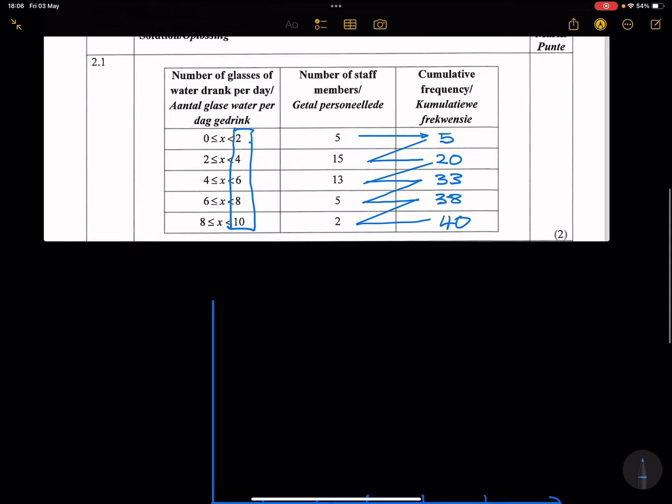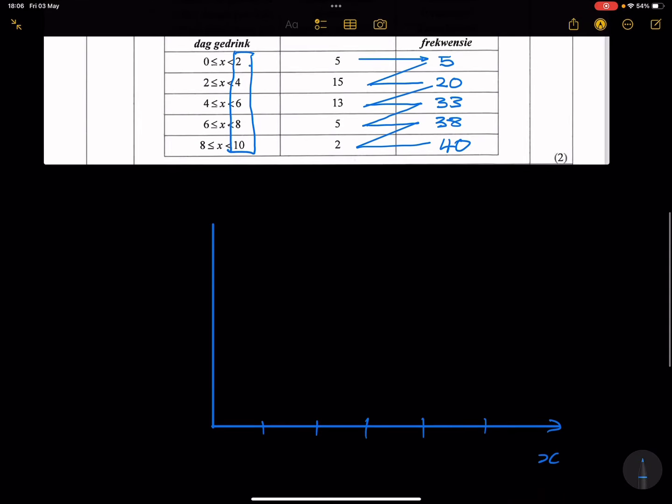Now remember, the highest value is 40, and the lowest is 5. So I'm going to just take that in 5s: 5, 10, 15, 20, 25, 30, 35, and 40. I'm just going to extend it a little bit. So my first values are 2, 4, 6, 8, and 10.